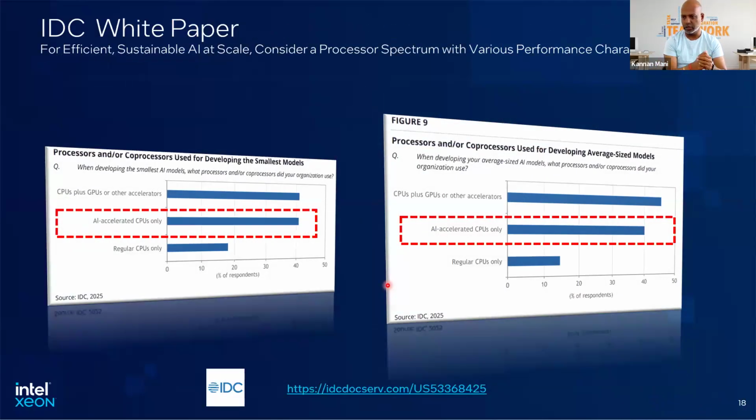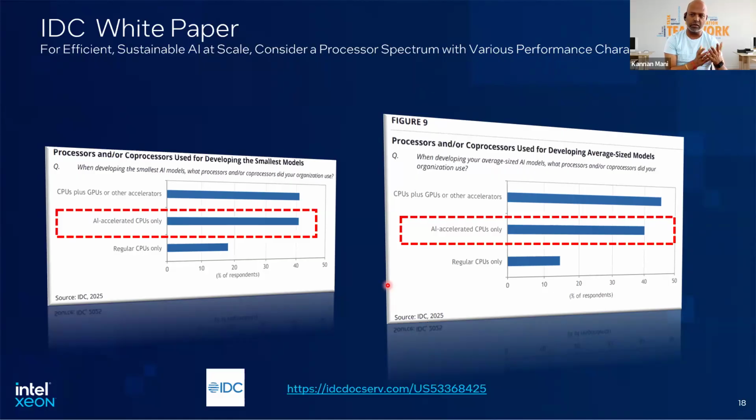Okay, here's a white paper I mentioned. This white paper was done by IDC, and as you know, IDC is a reputed organization. They polled some of the audience: what do you consider when developing the smallest AI model? Would you run on an AI accelerated CPU only, or would you run with the GPU also?